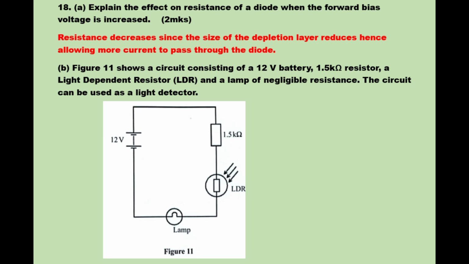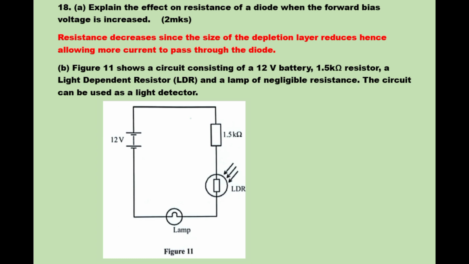So when you increase the forward bias, you realize that the resistance normally decreases because the size of the depletion layer reduces, hence allowing more current to pass through the diode. So that means once the depletion layer reduces, more current passes through the diode because now the depletion layer has been reduced.